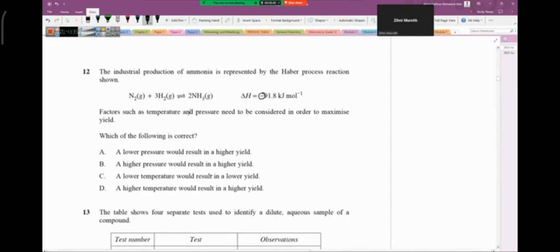But industrially, if you lower the temperature only... now this is a statement type question, right? What we have studied is, if it is an exothermic reaction and you increase the temperature, it will move to the left side, right?